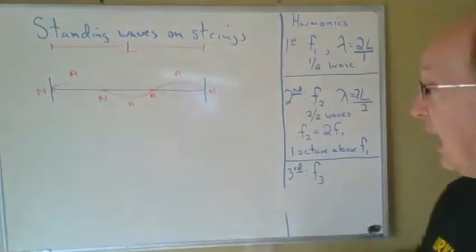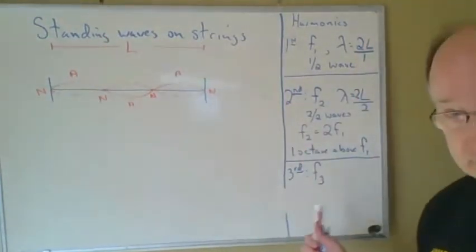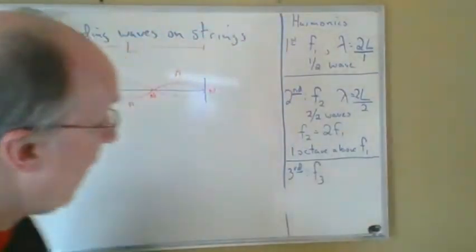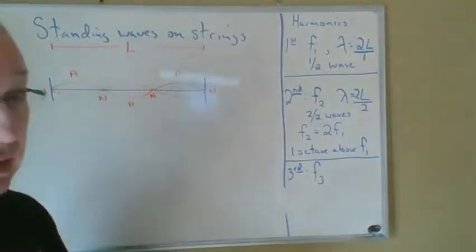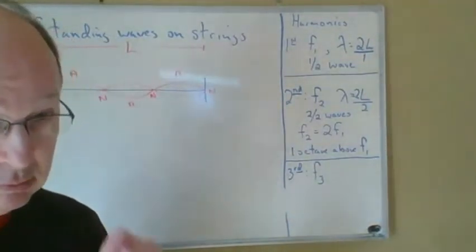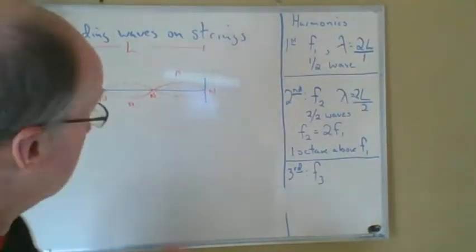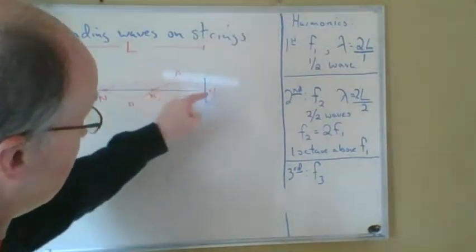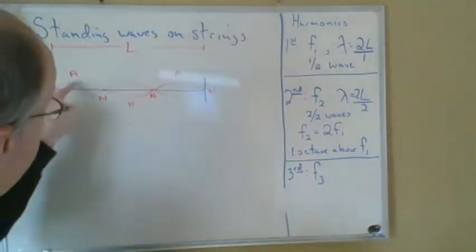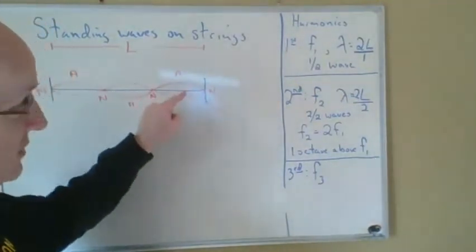All right. Now, let's talk about the patterns. So how much of a wave do we have here? Well, if you watched that video last week from Khan Academy, they talked about this. This is 1.5 waves. A full wave is to here, and then this is another half wave.